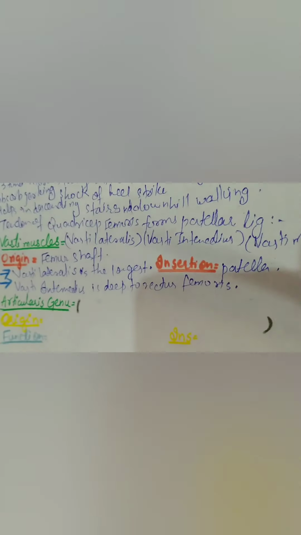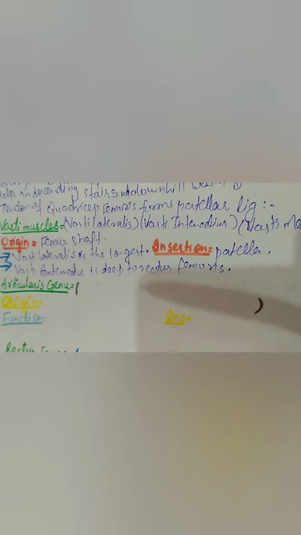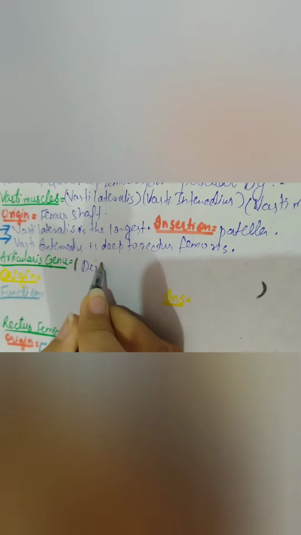Right? Now the next is articularis genu. Basically it is not a muscle of the quadriceps femoris, but yes, it is derived from the vastus intermedius.